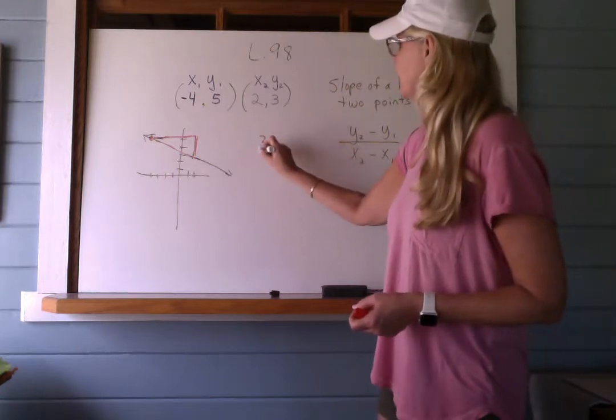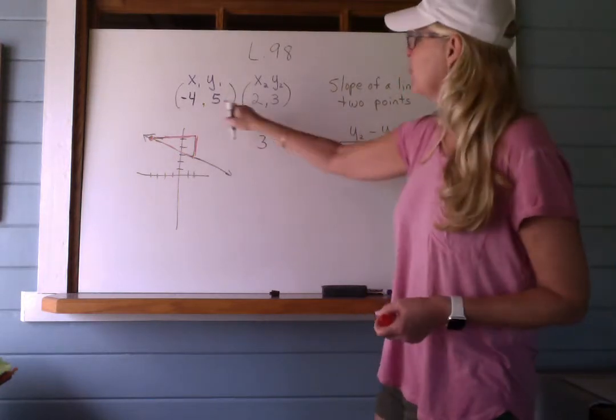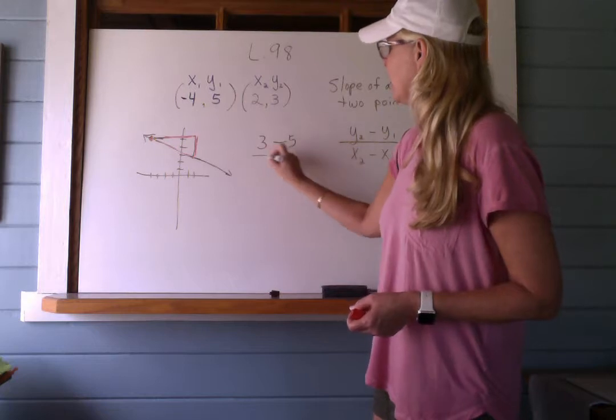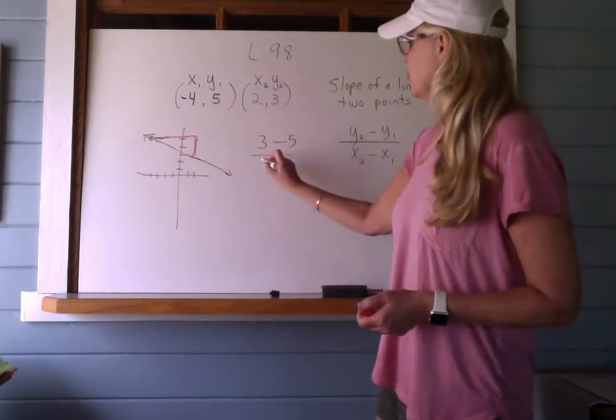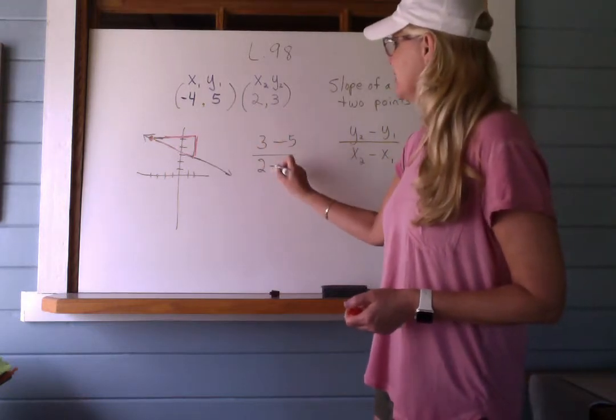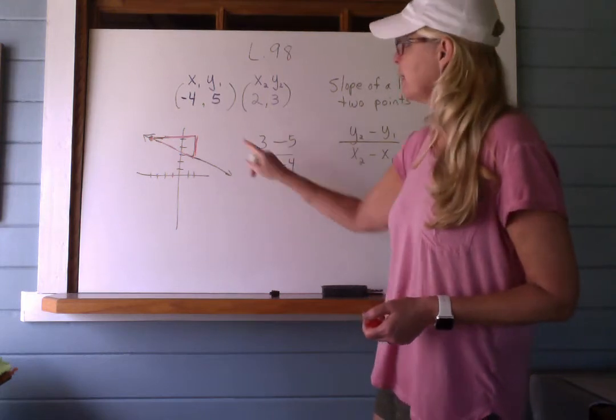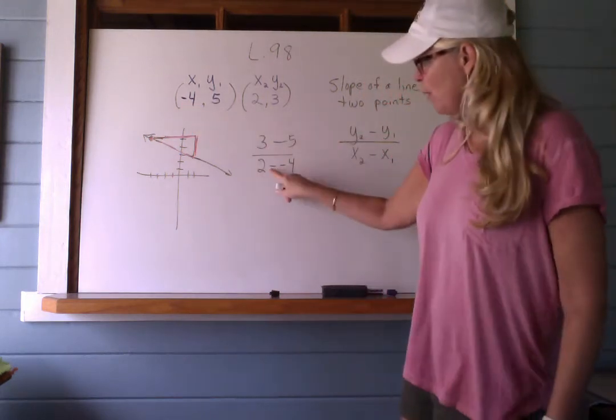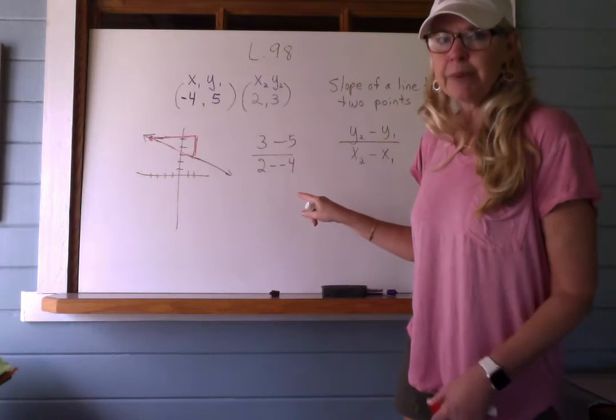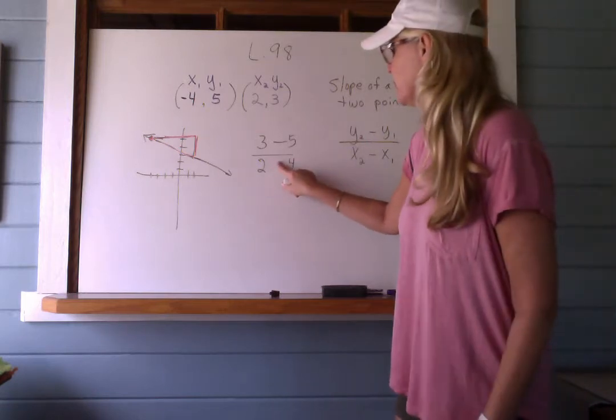y2 is 3 minus y1 is 5 all over x2 is 2 minus 4, because this is a -4. But when we have 2 negatives together, what happens? That becomes a positive.